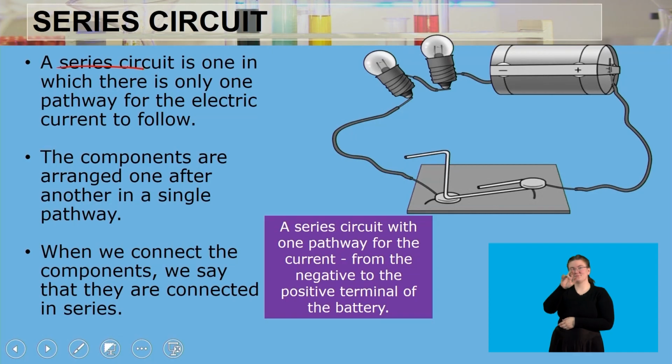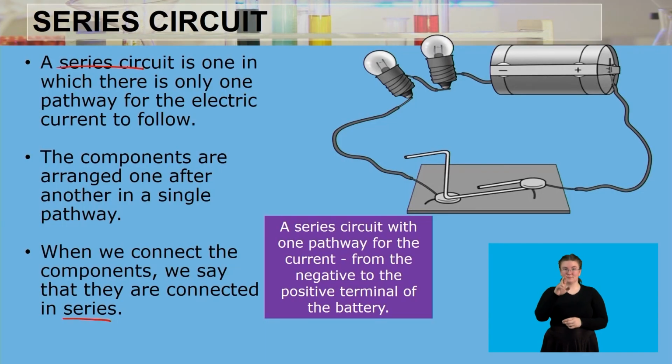So when we connect these components, we say that they are connected in series. When they are connected one after the other and the current goes in that same direction, we say those components are connected in series. A series circuit has one pathway for the current, from the negative to the positive terminal of the battery without going anywhere else.